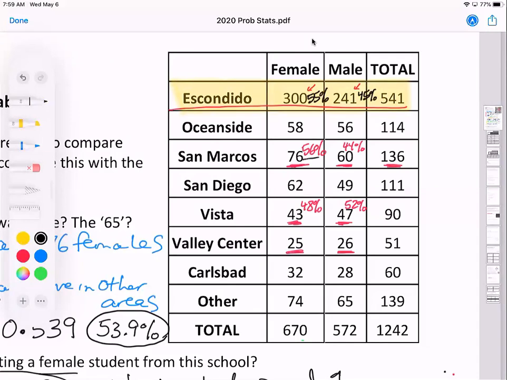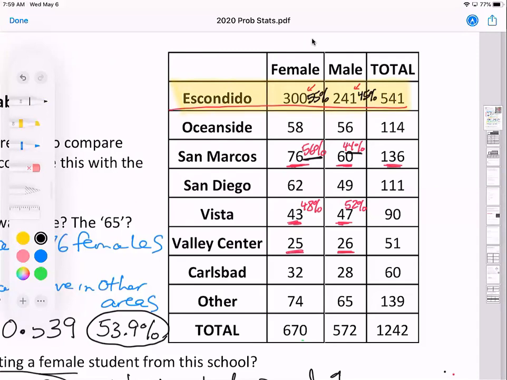There's a bigger gap in the percentages, 56 to 44. Now, that's pretty close, but that's kind of surprising. Just looking at the numbers themselves, we might think there are way more females than males from Escondido, but actually San Marcos is a little bit more of a winner when it comes to that.